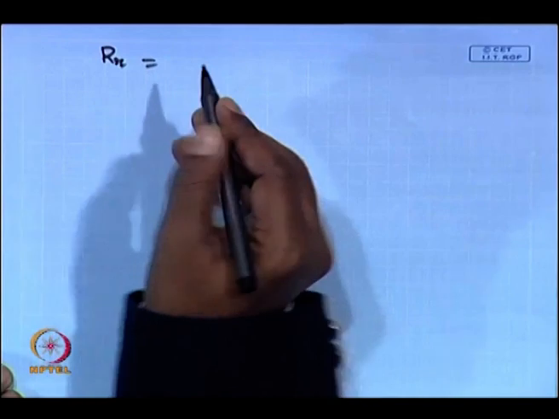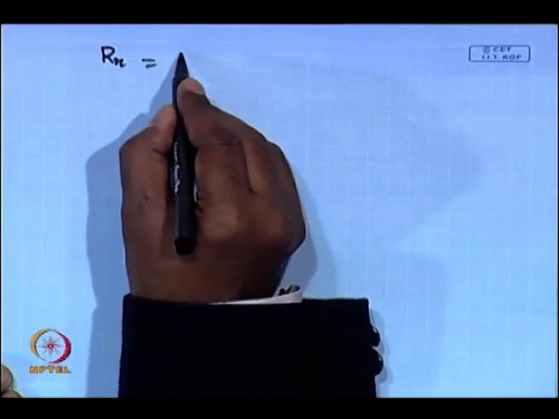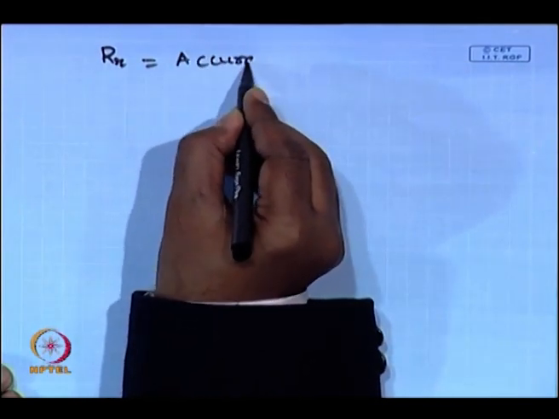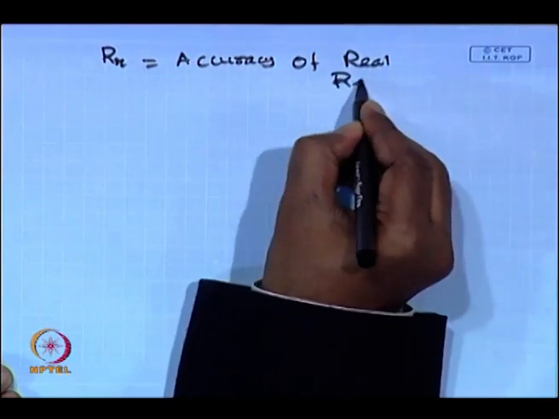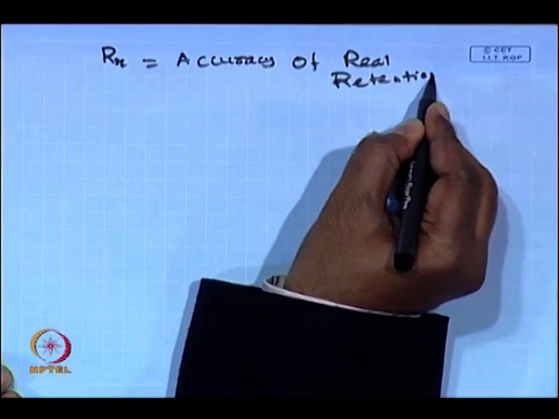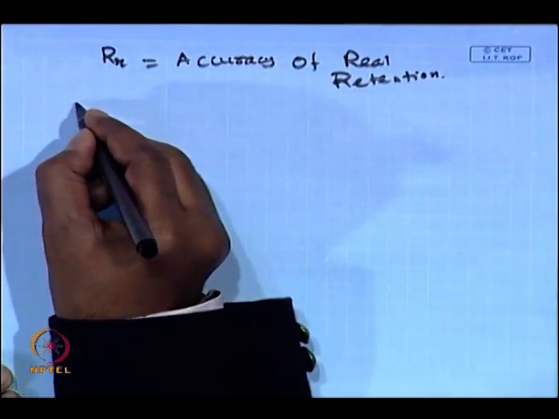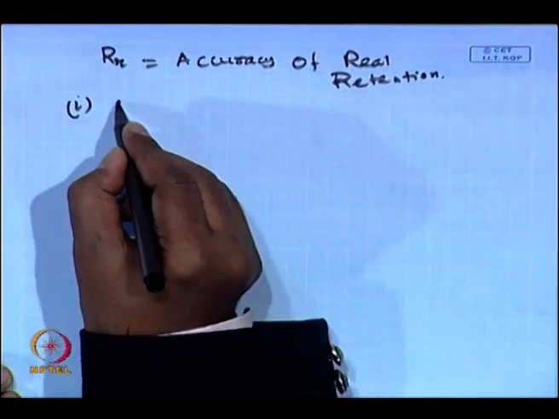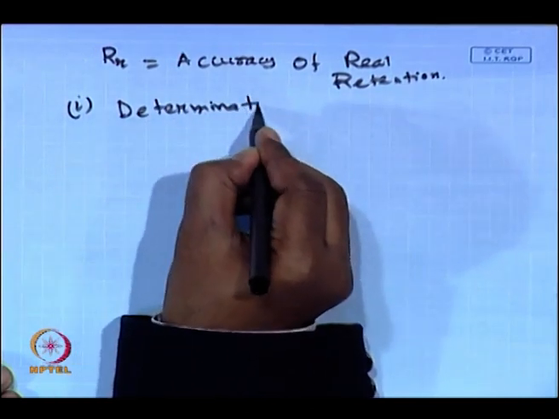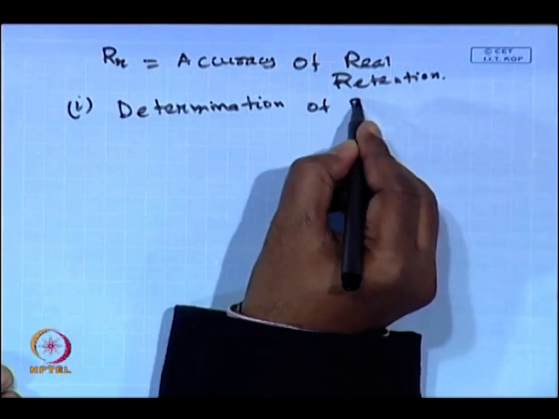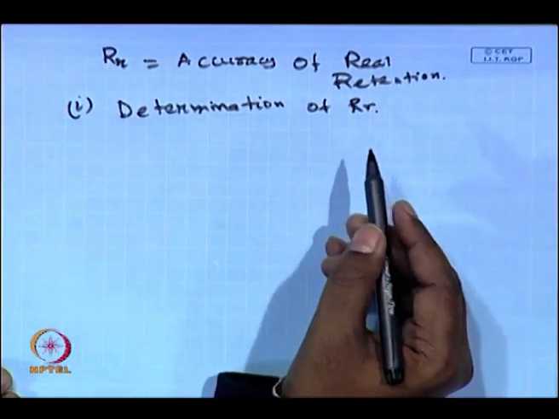Now, if you remember, in all these discussions and models, one term becomes very important, that is the determination of real retention. We have defined one method for the determination of real retention. It is basically a partition coefficient between Cp and Cm.